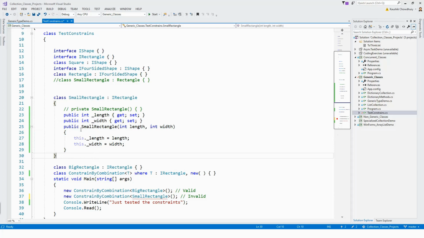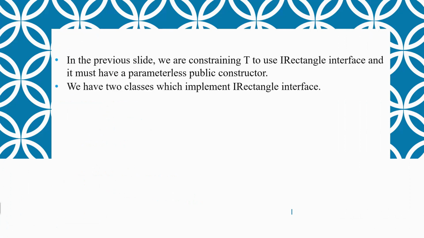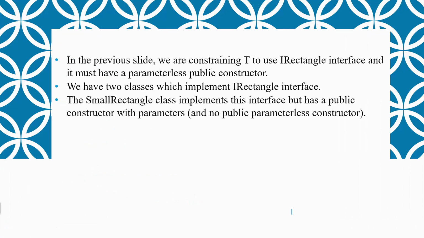If you still want a parameterless public constructor, you have to write it explicitly, but here it is not there. So this is not satisfying the condition of this constraint. In the previous slide, we are constraining T to use the iRectangle interface and must have a parameterless public constructor, which is already in this slide.